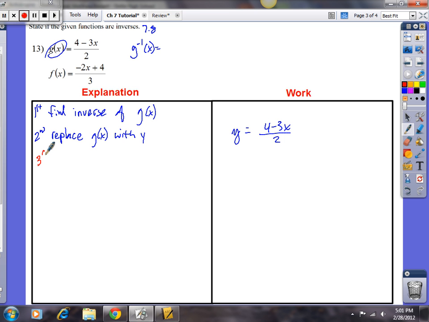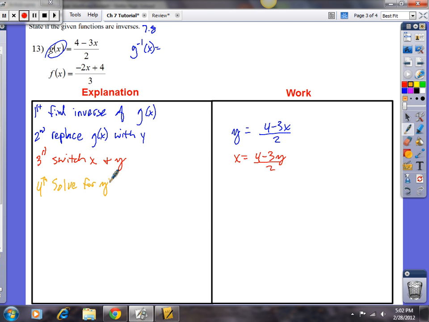Alright, third, I'm going to switch x and y. So I'm going to have x equals 4 minus 3y divided by 2. Fourth, I'm going to solve for y.